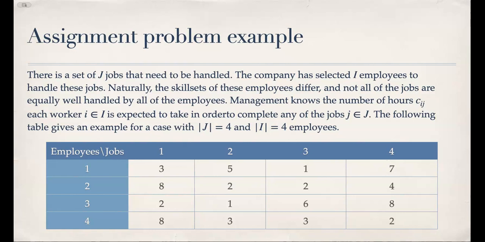If you assign the first employee to complete the first job, he or she needs 3 hours, or 5 hours to complete the second job, or only 1 hour to complete the third job, or 7 hours to complete the fourth job. And the second one requires 8 hours to finish the first job, something like that.